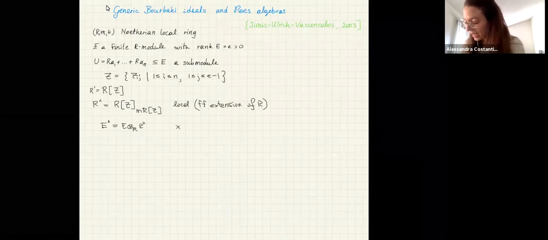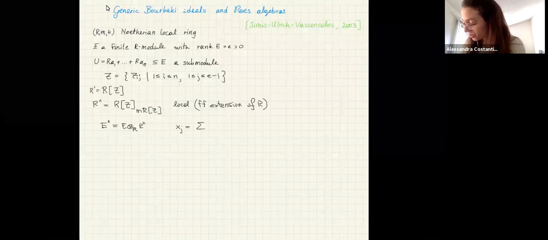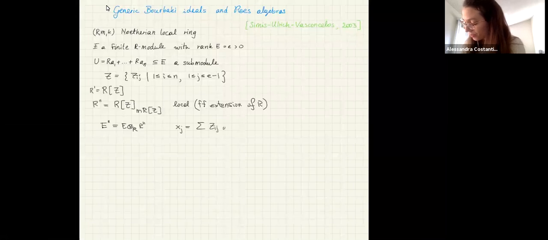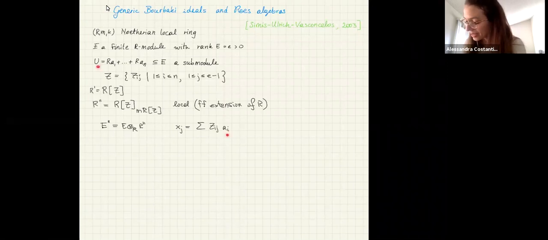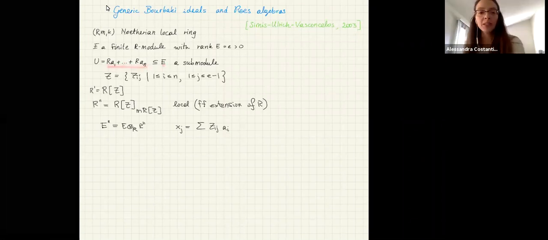Then you construct elements Xj to be a generic combination of the generators of your module. You pick your elements A sub I inside the submodule. It's very common to pick these as the generators of your module, but it's not required.